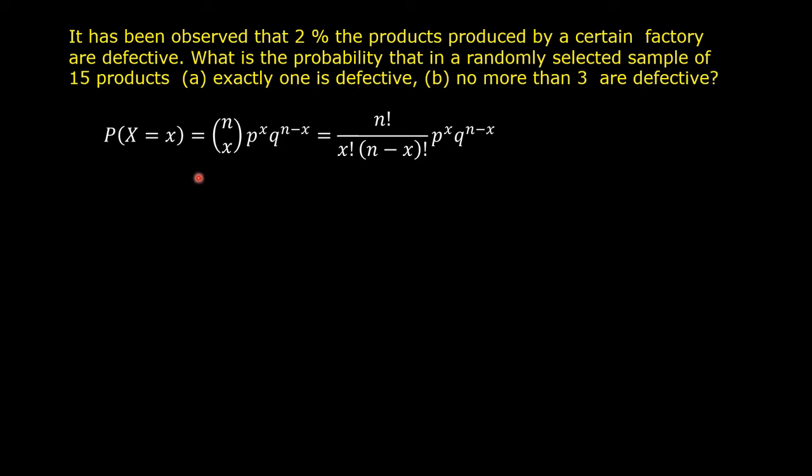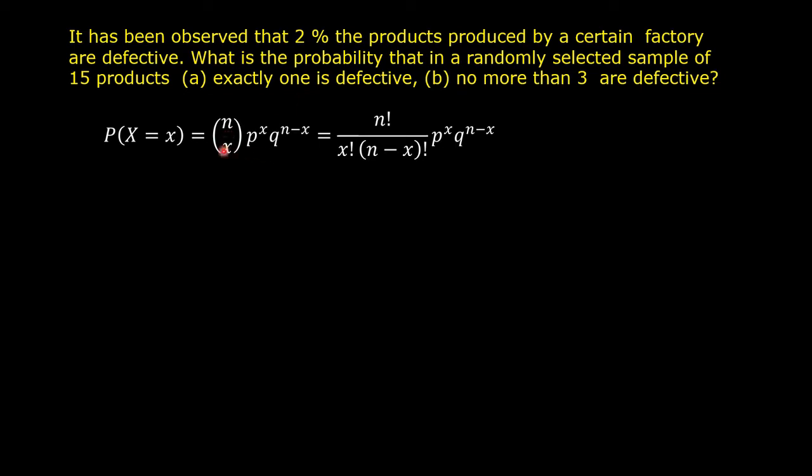In the formula, the uppercase X means random variable X. N means number of trials. X means number of successes among n trials. P means probability of success. Q means probability of failure.